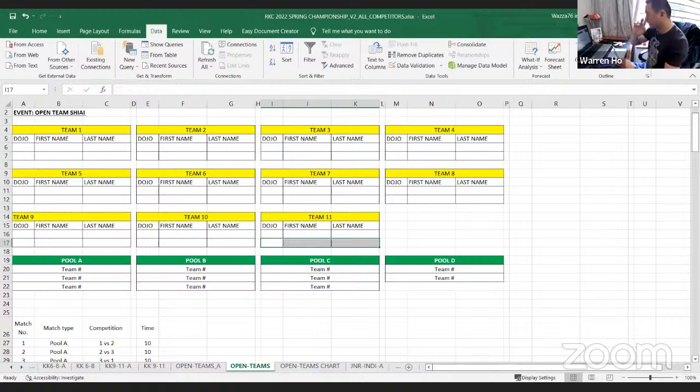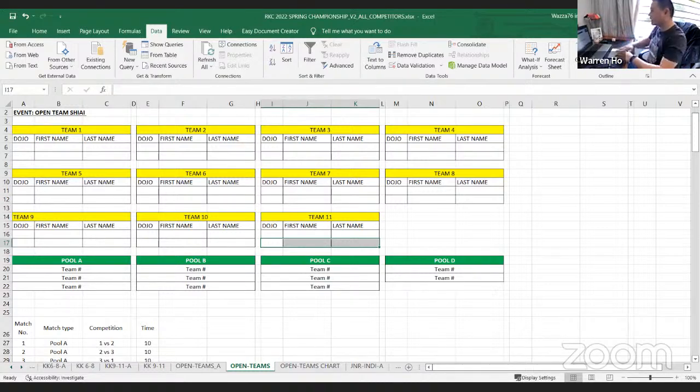Okay, alrighty. So just on that, what we're going to do now is allocate the teams to each pool. So there are 4 pools. And the reason this is important is that there's one pool that will only have 2 teams fighting in there.